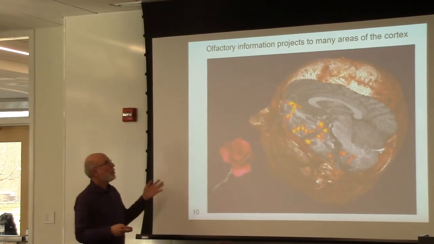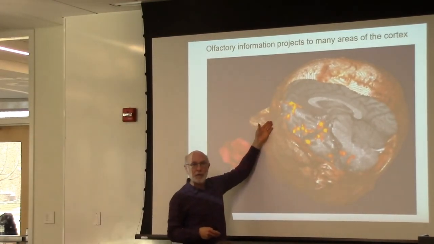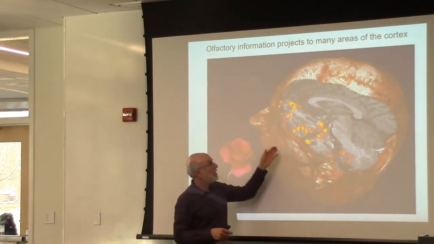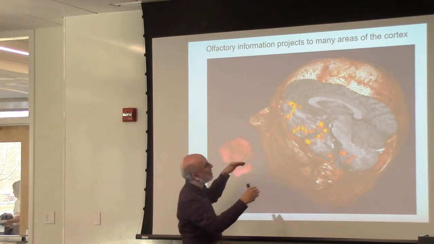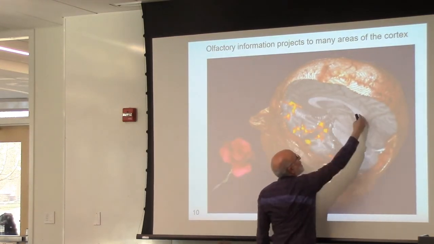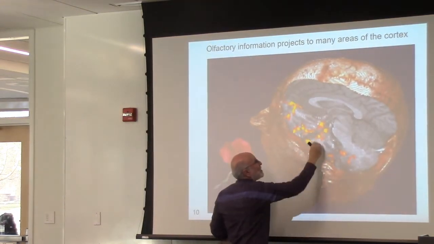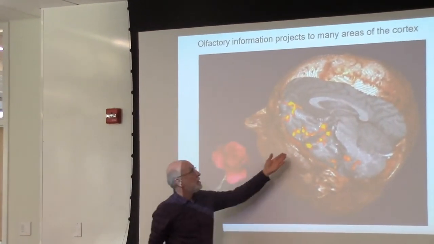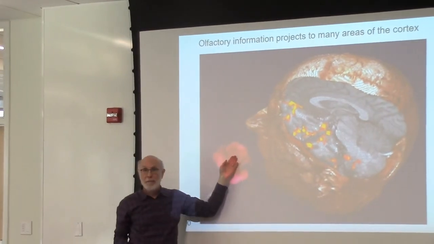Information from the olfactory bulb goes to the primary olfactory cortex, but then it goes everywhere, just like everything else. This is an fMRI. Here's the corpus callosum. We're seeing part of a horizontal section and part of a midline sagittal section in this image, and you can see different parts of the brain activating in response to the odor.